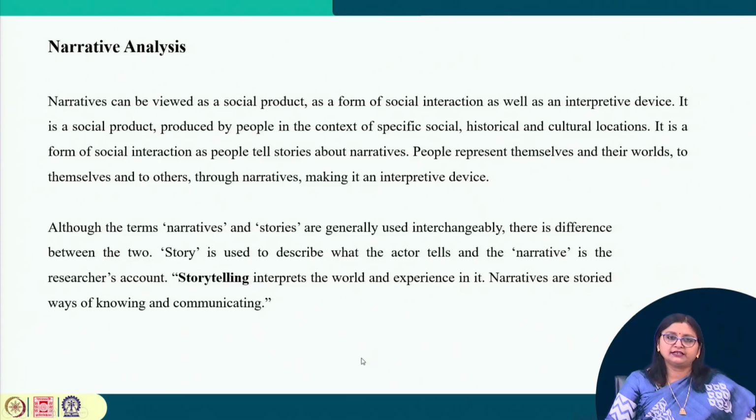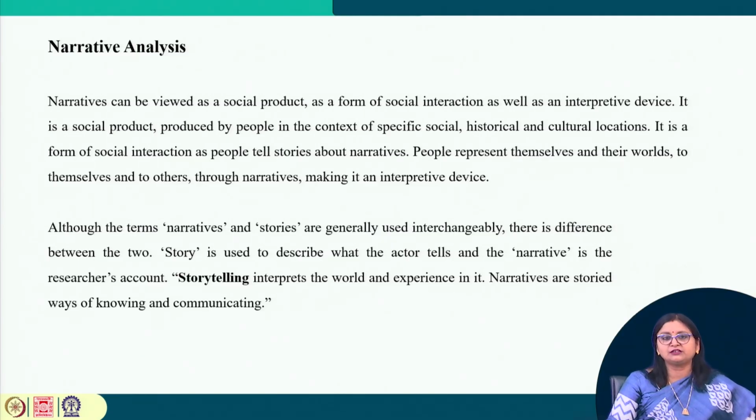Although the terms narrative and story are generally used interchangeably, there is a difference between the two. The story is used to describe what the actor tells, and the narrative is the researcher's account. So, if you are talking about Dhurandhar, the story of Lyari is the story, but if the researcher had gone there and researched something, that is the narrative of the narrative analysis.